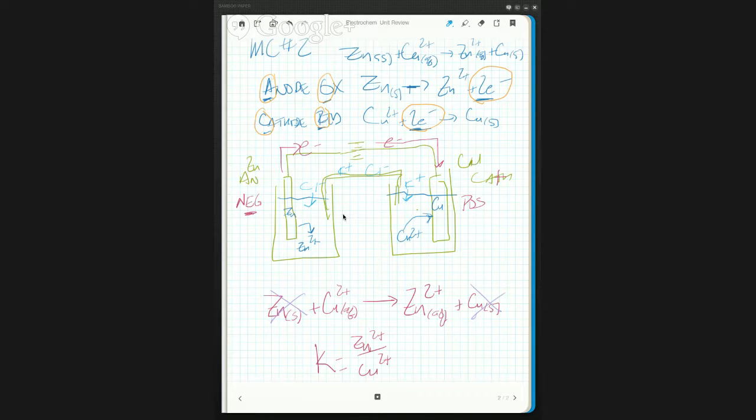It doesn't affect it. Now, B, the zinc 2 plus solution, which is right here, was more concentrated than the copper 2 plus solution, which is right here.